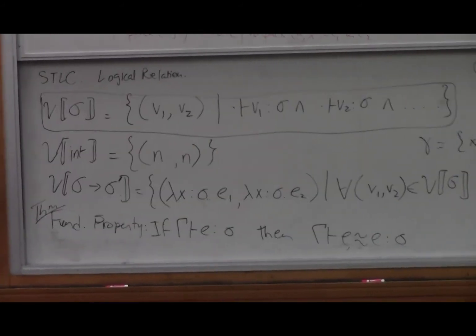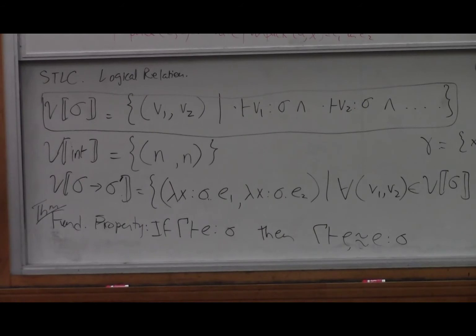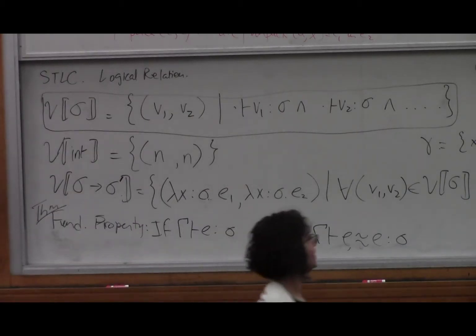Now, does someone want to ask me why I want to prove that it's related to itself? Yes, but doesn't it seem kind of boring? I'm wondering if some people think it seems boring to just show that an expression is related to itself. And if it's not boring, why is it not boring? Why did we do all this work? Stare at the definition and tell us what it's hiding. The free variables.